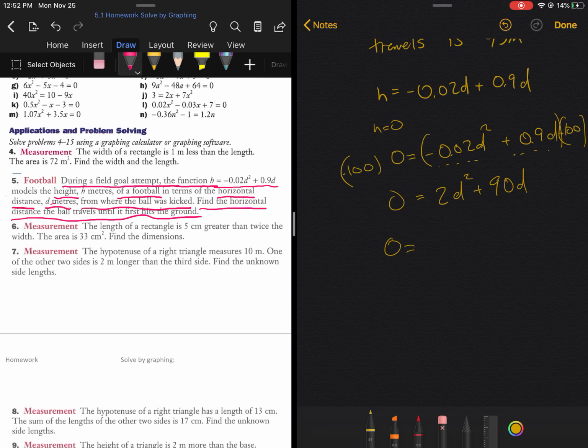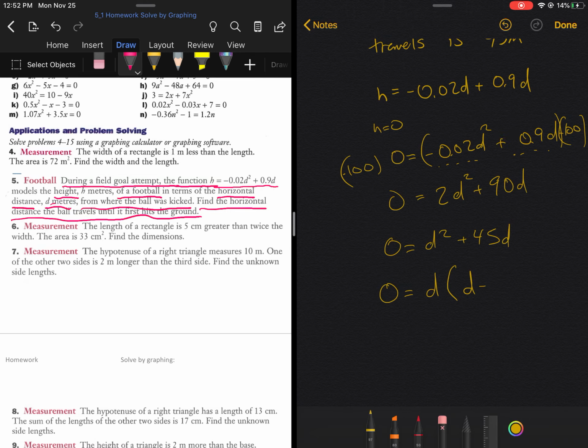Let's divide by 2. 0 equals d squared plus 45d. Let's factor out the d. Oh yeah, we were supposed to switch that sign, remember?